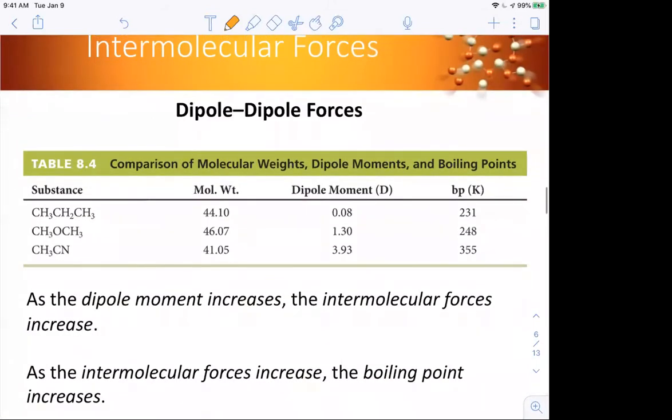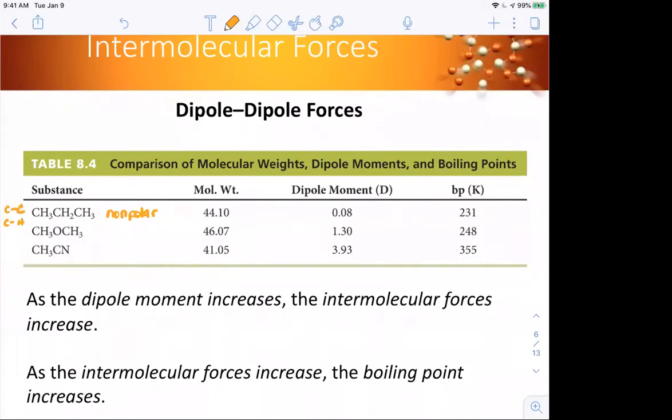Here, you can look at 3 different compounds. This is nonpolar. I only have carbon-carbon bonds and carbon-hydrogen bonds, which are all nonpolar.